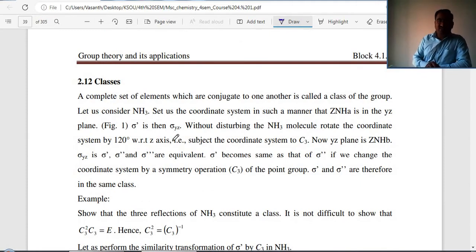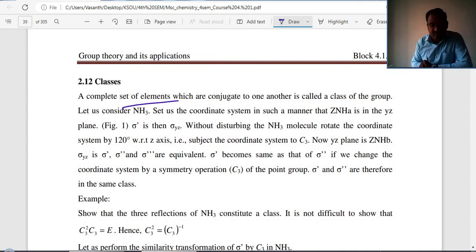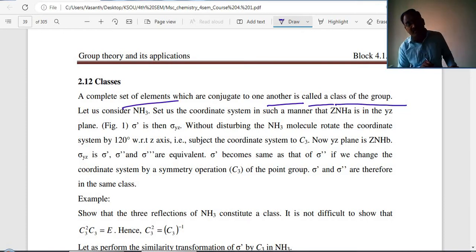What are the classes of this group theory? A complete set of elements which are conjugate to one another is called a class of the group.